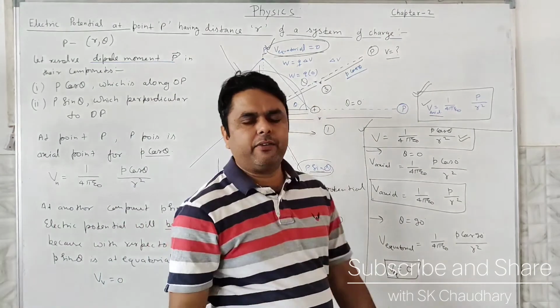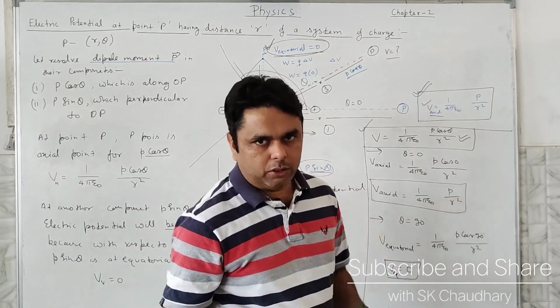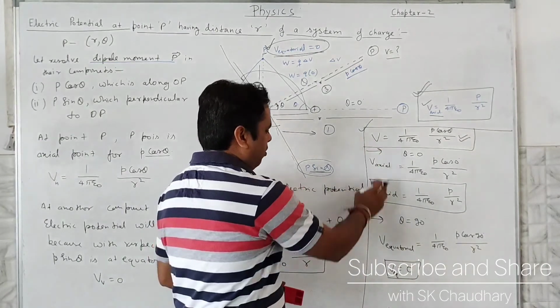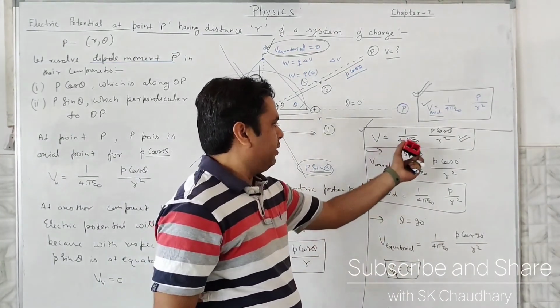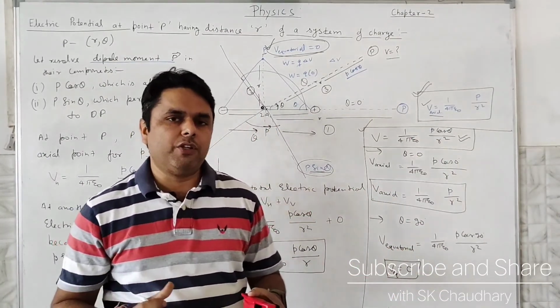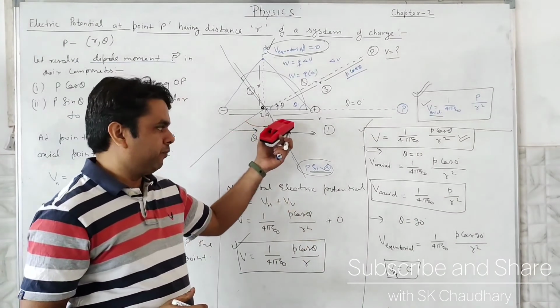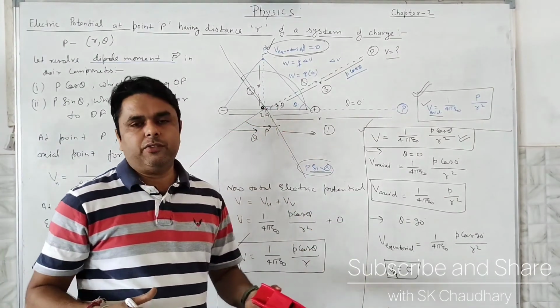Whatever point you take with respect to the dipole system, the electric potential will come with the help of this formula only. So this is basically the conclusive nature of all the applications related to the system of a dipole. That is what we have done in this application.